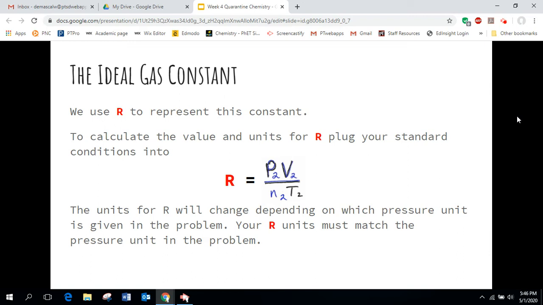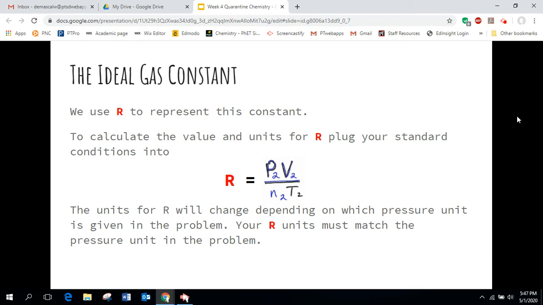R is what we use to represent the ideal gas constant. The neat thing about this R, when we see R in our equation, it is a set of conditions. R is standard conditions. It is standard pressure and temperature and standard molar volume all put together. 1 mole at STP is 22.4 liters.